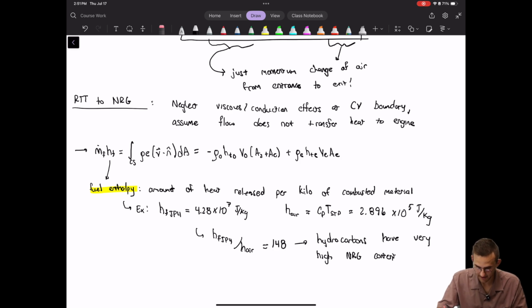And then again we have those more complex integral terms: the integral over A2 of rho 2 HT2 V2 dA, and the A1 integral as well, 2 times the integral over A1 of rho 1 HT1 V1y dA.